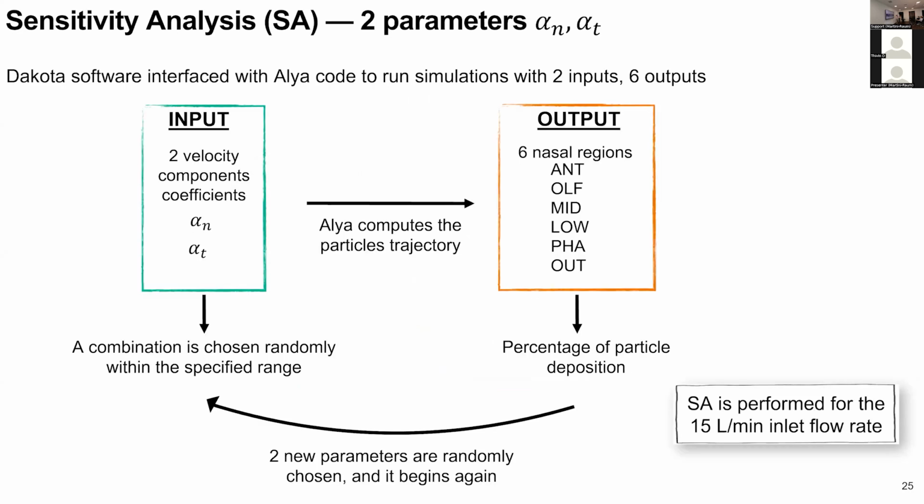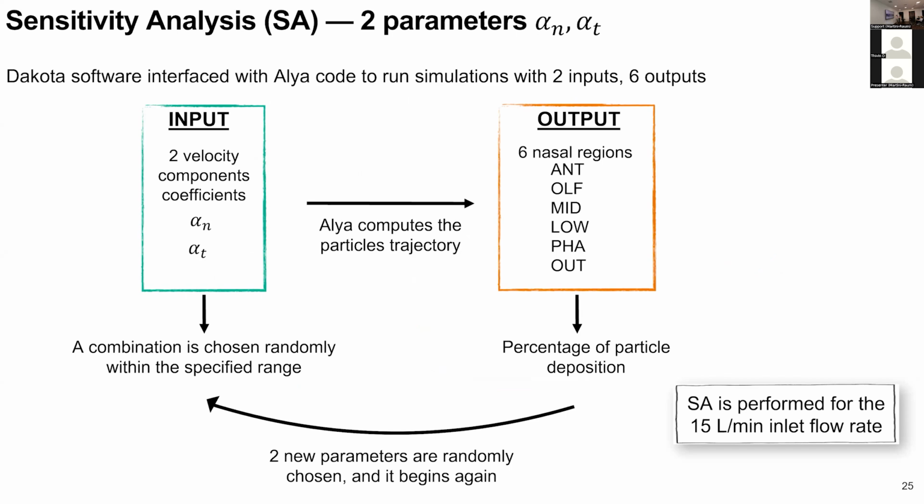For this parameter study, we do a sensitivity analysis using the Dakota software, which is interfaced with Alya. We obtain a combination of randomly chosen parameters alpha n and alpha t as input. Then Alya computes the particle trajectories and outputs the deposition in the 6 different regions.